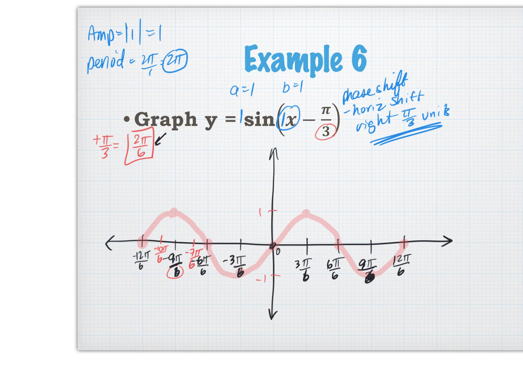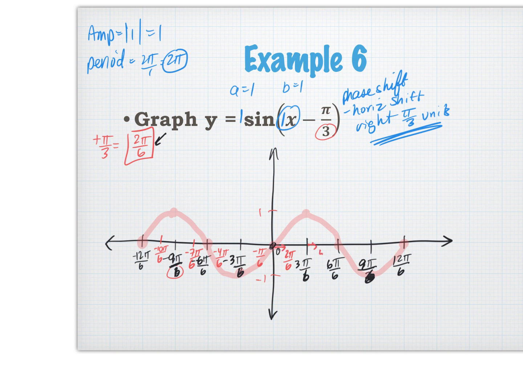And then from negative 6 pi over 6, it becomes negative 4 pi over 6. And this one becomes negative pi over 6. And then again here to the right, I get the right of 0. I've got 2 pi over 6. That's 2 pi over 6 units away from 0.